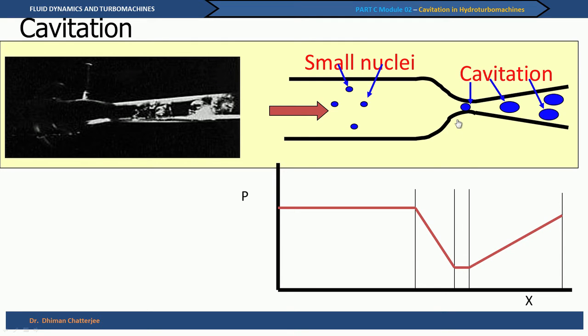So, this lowering of the local static pressure brings about an enormous change in the size of the nuclei, and these are now detectable by eyes. Of course, cavitation is not only detectable optically, we can also hear the cavitating noise, but more about that a little later.